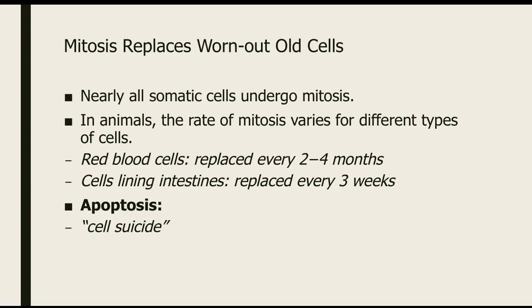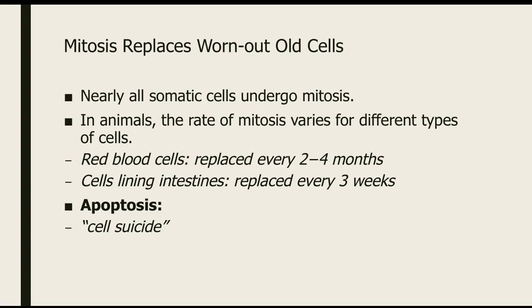Sometimes cells will actually, and this sounds a little weird, commit cell suicide, meaning that they will die and then have to be replaced. One example of this is that when you were a fetus inside the womb, your fingers had webbing between them.